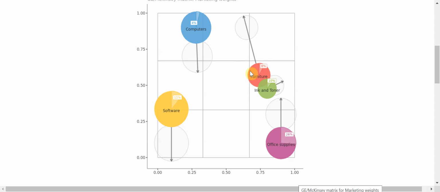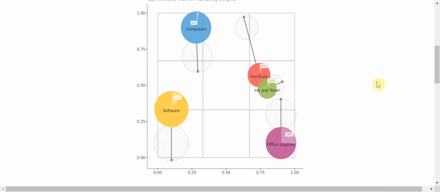You can still invest in computer, it's big, or office supplies. The industry is not good, but it will grow in the future. So you can make a lot of different versions of strategies out of this one graphic representation.